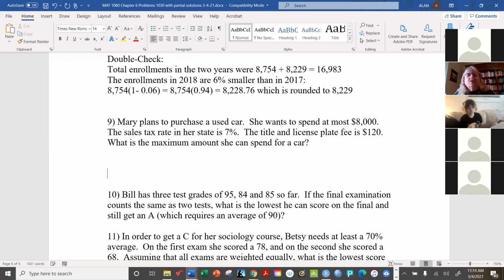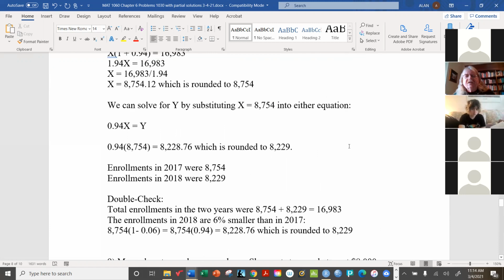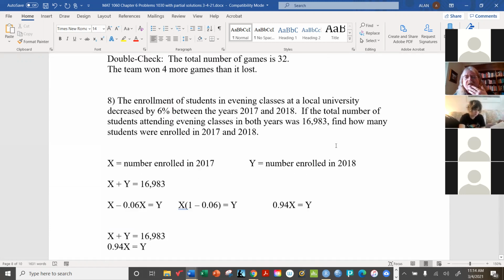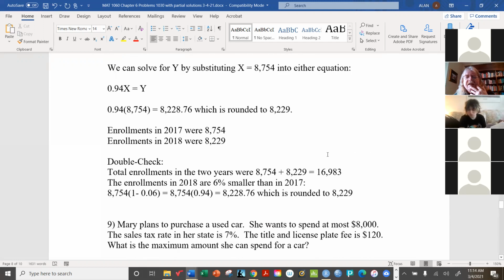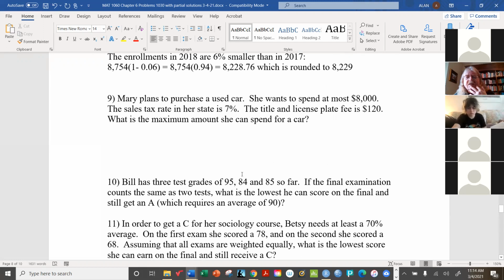The problem, though, is that, of course, she can't actually buy an $8,000 car. Why not? Because she'll have to pay sales tax. And in this case, there's a license and title fee of $120. So what we really need to do is figure out, we know that she can only spend $8,000.